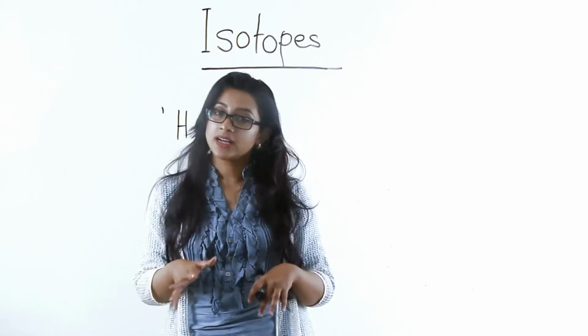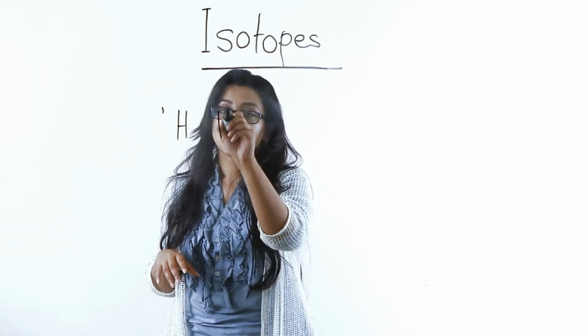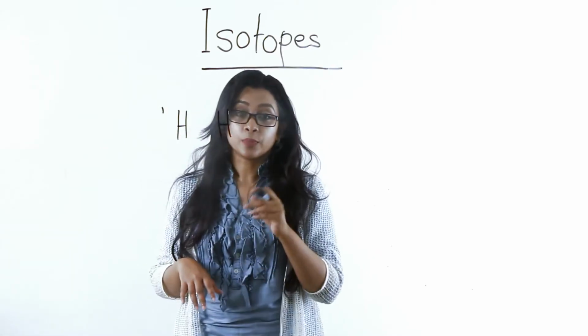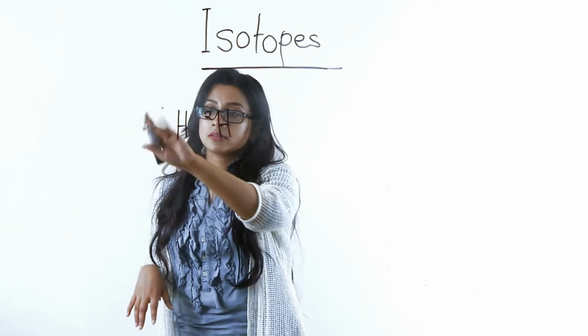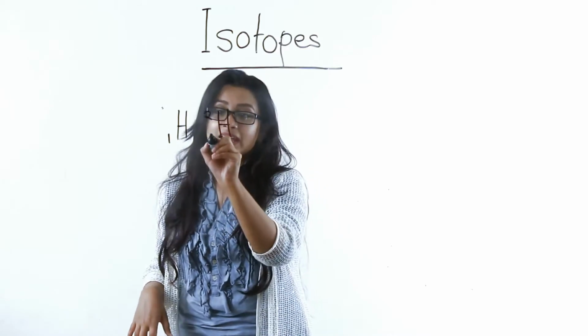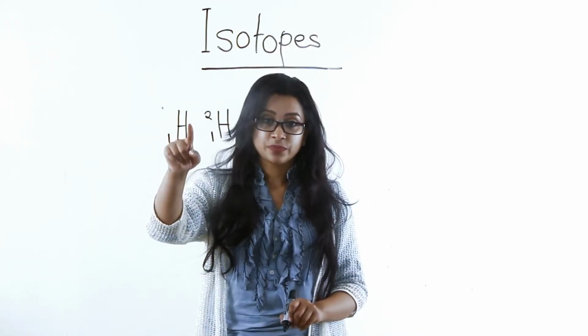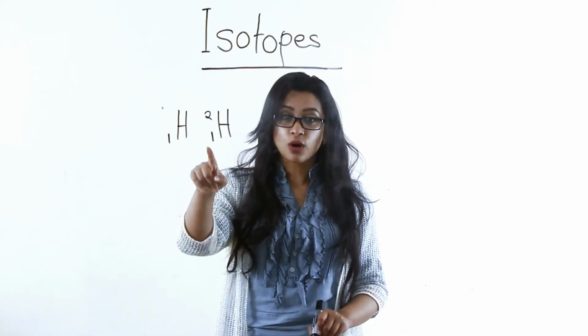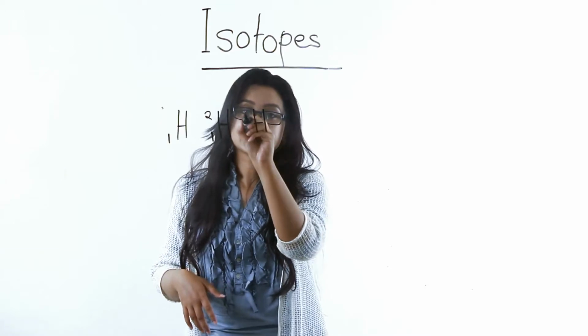But hydrogen has isotopes, which sometimes cause the appearance of hydrogen to look like this. Sorry, the first one would be like this, the number of protons, my bad. So this is an isotope of hydrogen. This is normal hydrogen, and this is an isotope of hydrogen. Another isotope of hydrogen looks like this.